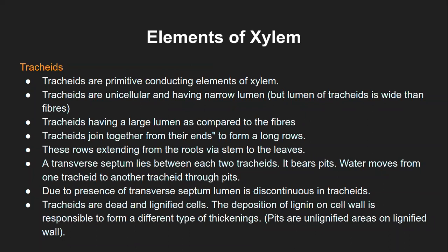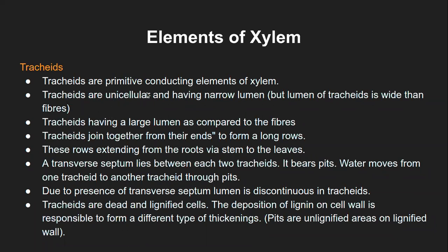One of the tissues in the vascular bundle is xylem. One of the components of xylem is tracheid. So do not get confused between what is what and why there are so many terminologies. These are the subcomponents of tissues.